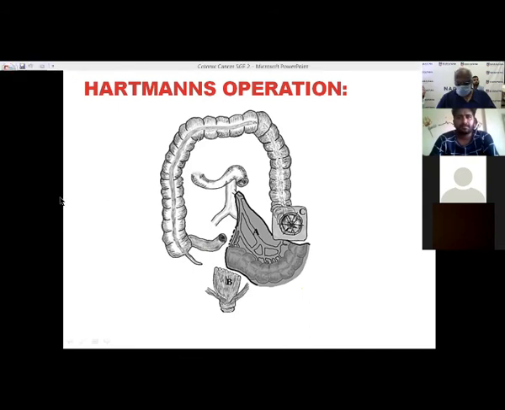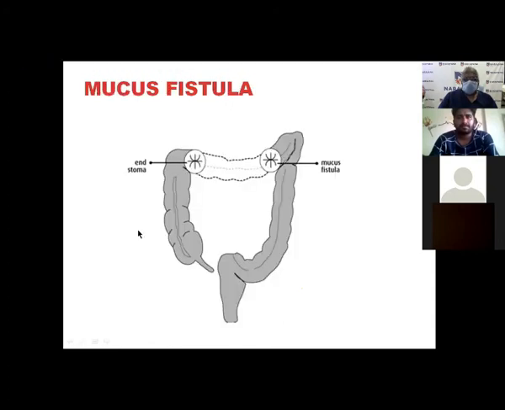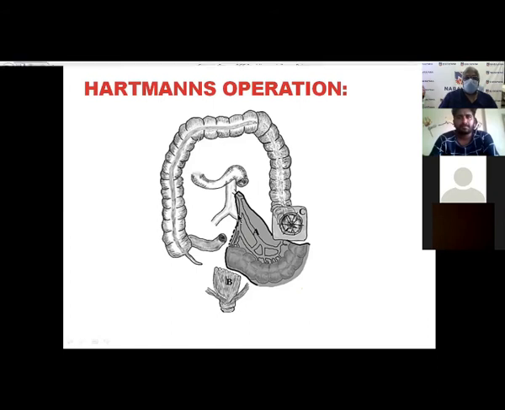That's called the Hartmann's procedure. But the amount of resection done may not be sufficient proximally, but in a patient with compromised hemodynamic status, we'll have to do that. Otherwise, the classical resection is done, and this is brought out as an end stoma. This is done as a Hartmann's procedure.